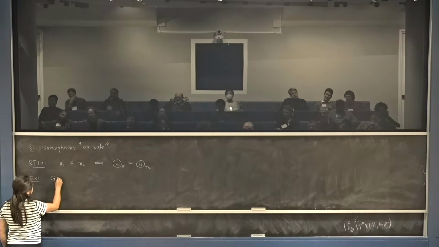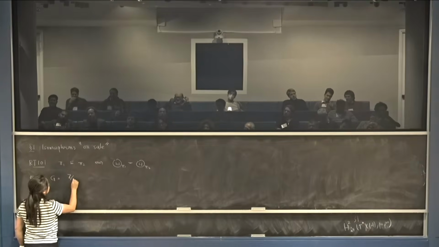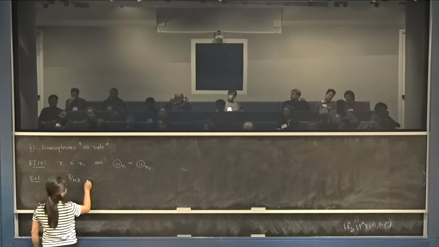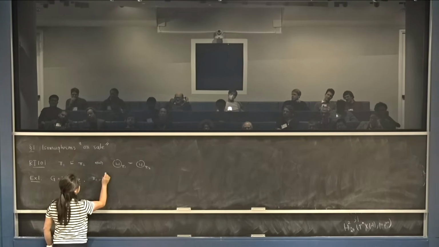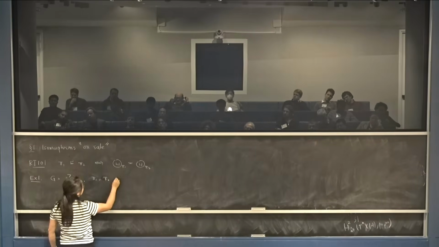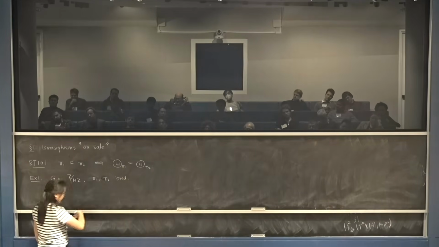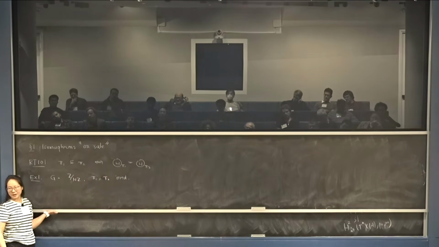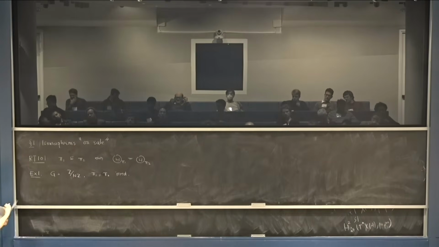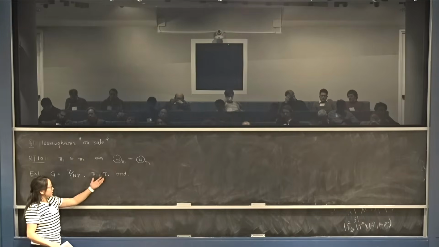So example one: suppose I take my group G to be a cyclic group of order n, and I take pi1 and pi2. I'll probably forget to write this, so let me just declare now that if I have two representations, I'm always going to declare them to be irreducible before I start my comparison on sale. So I have two irreducible representations of a cyclic group, and we know that the irreducible representations of abelian groups are very simple. They're just one-dimensional. So both of these are just homomorphisms to C star.